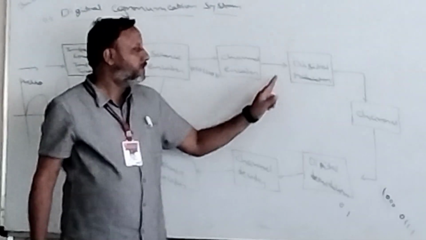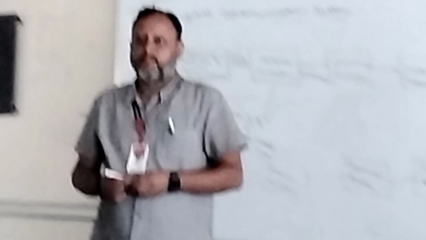Right? Next, the digital modulator. The name itself indicates it. Modulation you already know: amplitude modulation, frequency modulation, phase modulation. Those are analog modulations. Digital modulation means amplitude shift keying, frequency shift keying, phase shift keying.